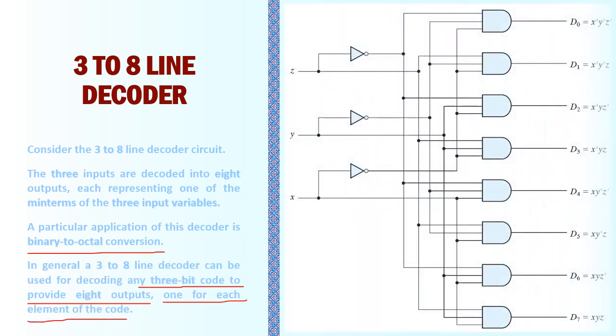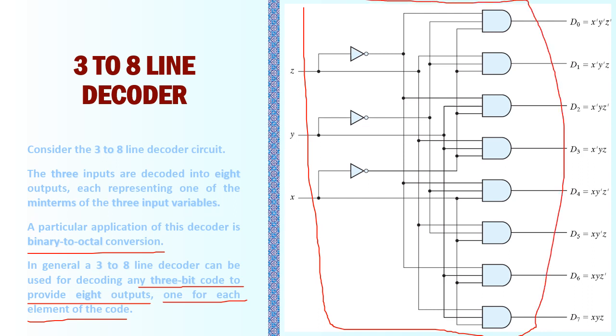Now this is the circuit diagram of a 3 to 8 line decoder. We can see that this circuit diagram has 3 input lines x, y and z and 8 output lines starting from D0 up to D7.